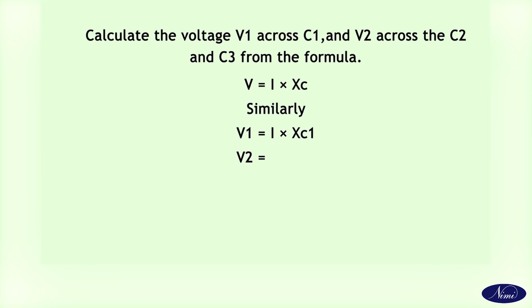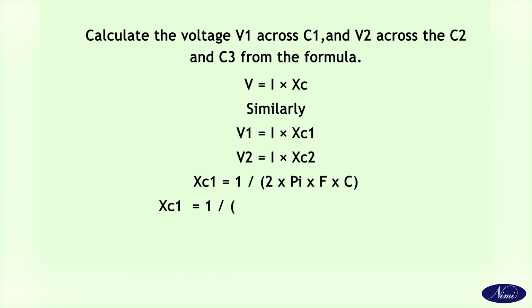V2 is equal to I into Xc2. Xc1 is equal to 1 by 2 into pi into F into C. Xc1 is equal to 1 by 2 into 3.14 into 50 into 2 into 10 raised to the power of minus 6.